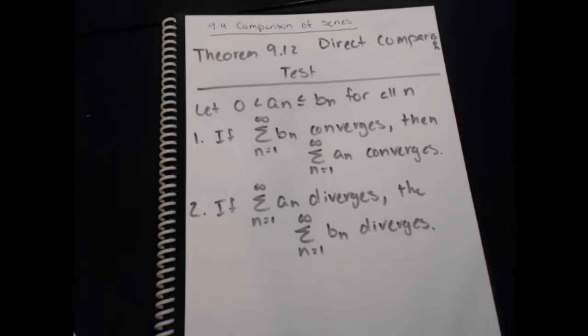So the idea here is that if a larger series converges, then the smaller series also converges. If the smaller series diverges, then the larger series also diverges. That's why they go hand in hand. If you need to see that type of statement, it's down at the bottom of page 617.